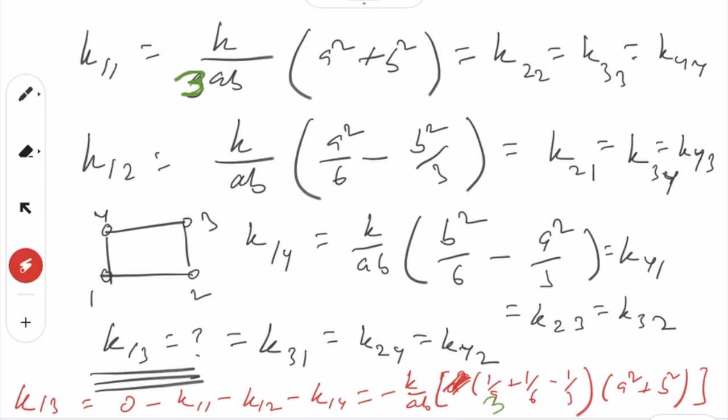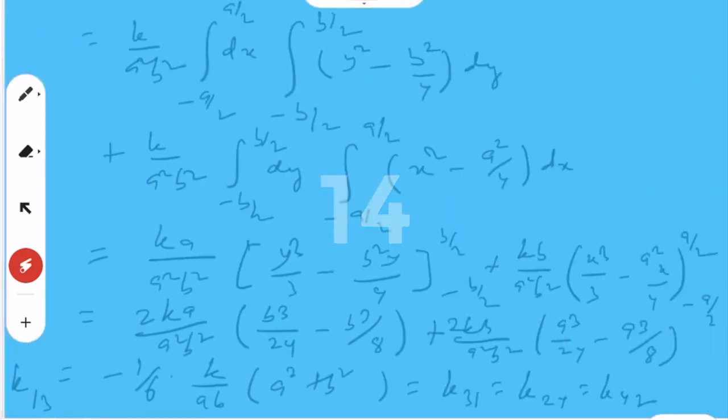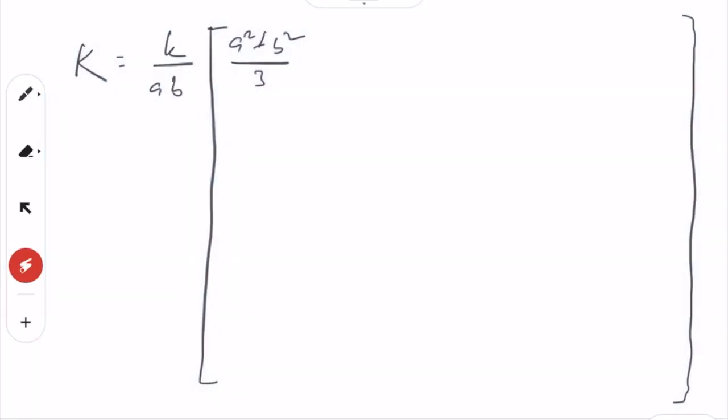So we have k12 here, so k over ab is common, then a square over 6 minus b square over 3.